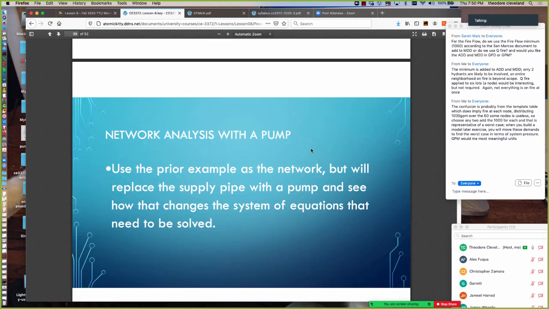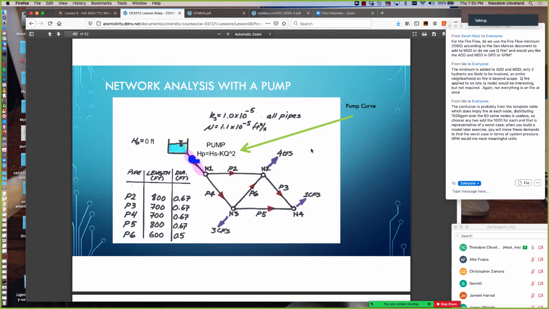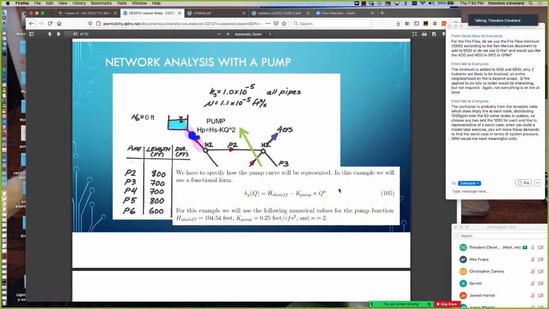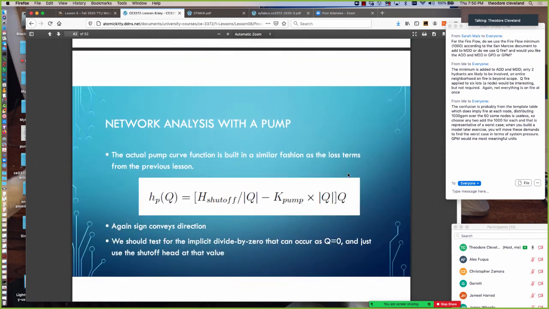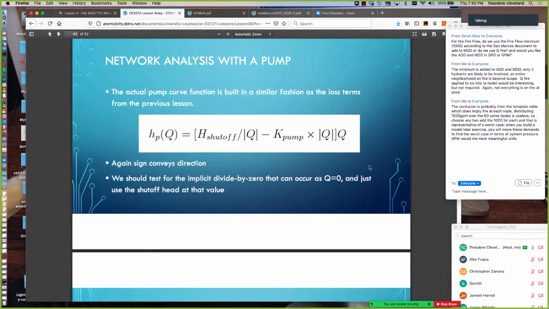And we can approximate this equation from a manufacturer's pump curve. And so if we want to do the analysis with a pump, in this example, I chose to place the pump in place of pipe 1 and then repeat the analysis. And so all it changes is the pipe 1 equation is replaced with a pump. The actual pump curve function is built in a fashion like the loss term.